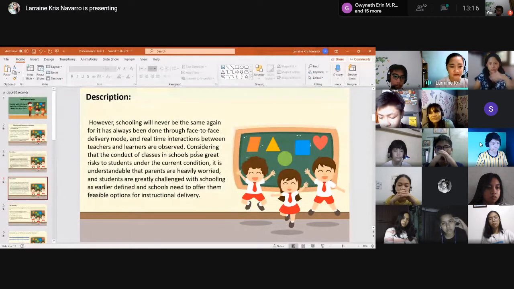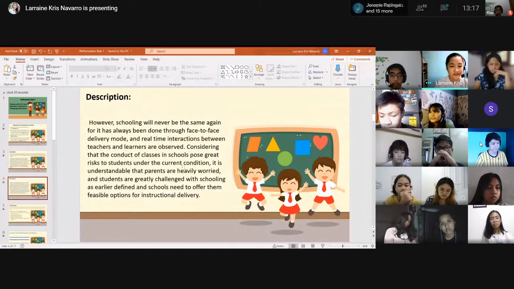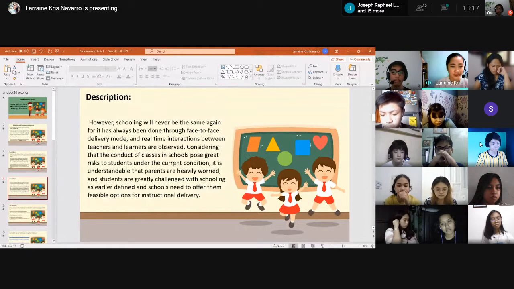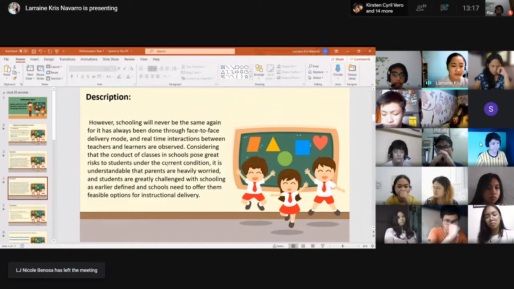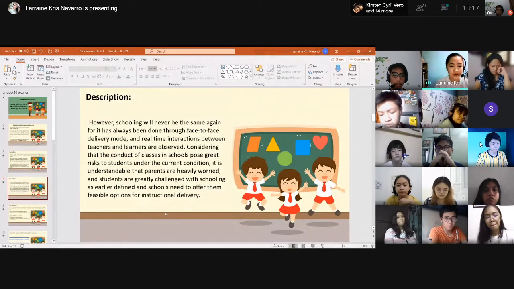Considering that the conduct of classes in schools poses great risk to students under the current condition, it is understandable that parents are heavily worried and students are greatly challenged with schooling as earlier defined, and the schools need to offer them feasible options for instructional delivery.